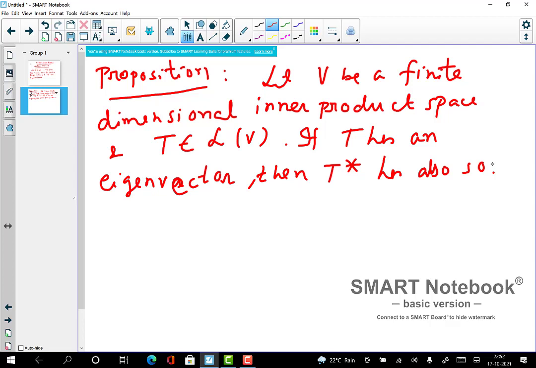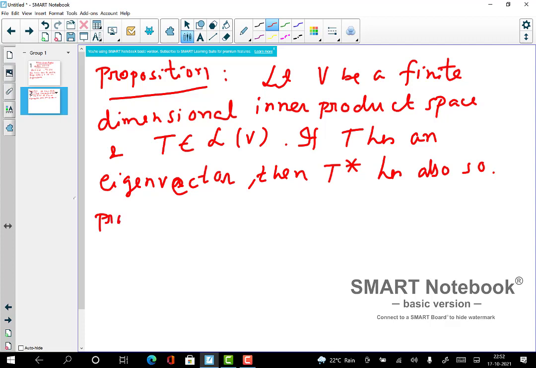We define the adjoint of a linear operator for inner product spaces, and the existence of the adjoint is guaranteed from the Riesz representation, right? So now let us give a proof for this statement.